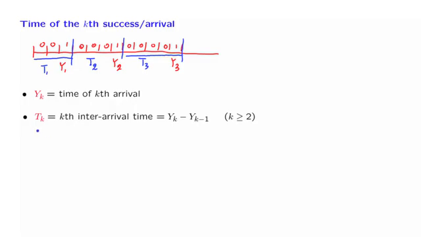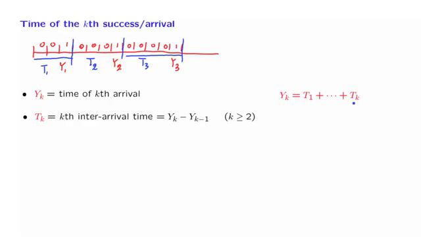So we define in general tk to be the difference between two consecutive arrival times. And of course, the time of the third arrival is the sum of t1 plus t2 plus t3, the first three inter-arrival times, and more generally yk is going to be the sum of these k inter-arrival times.